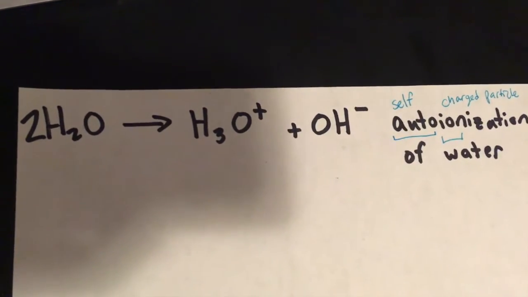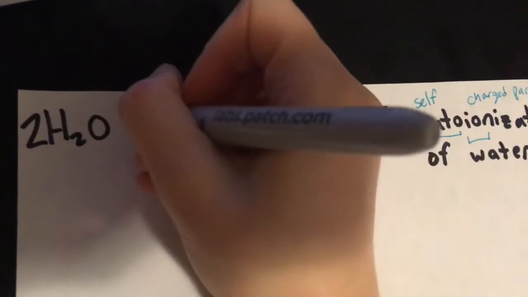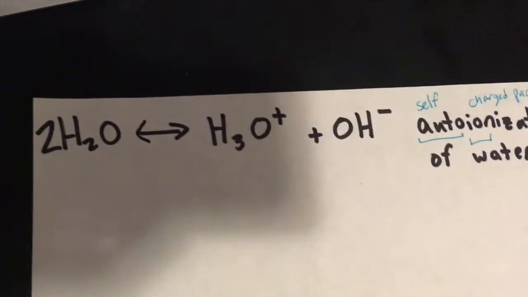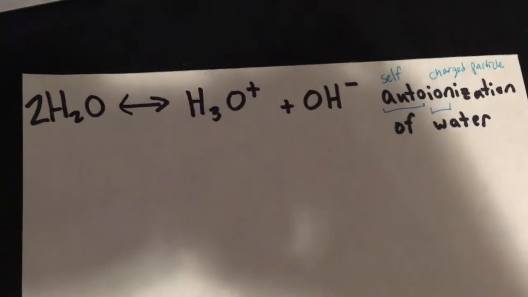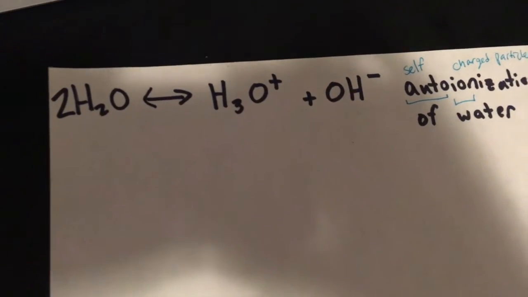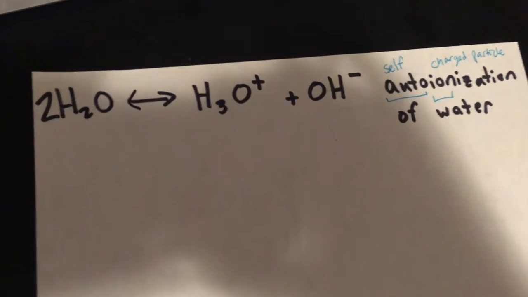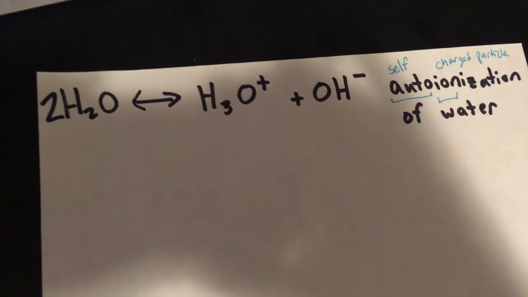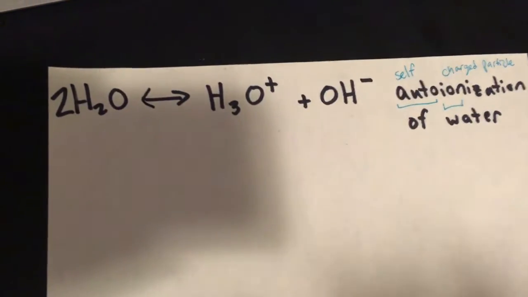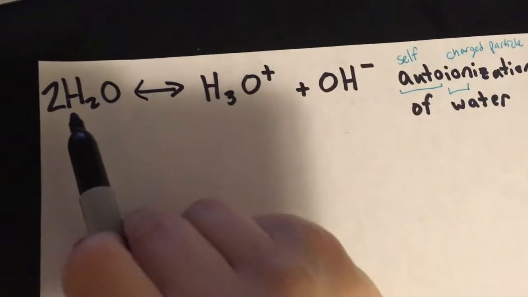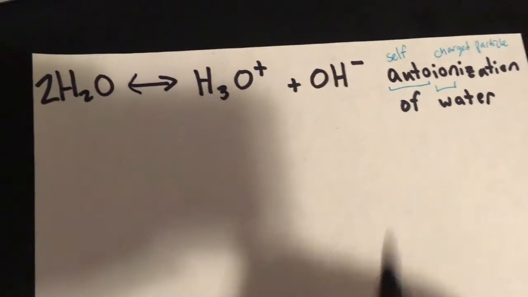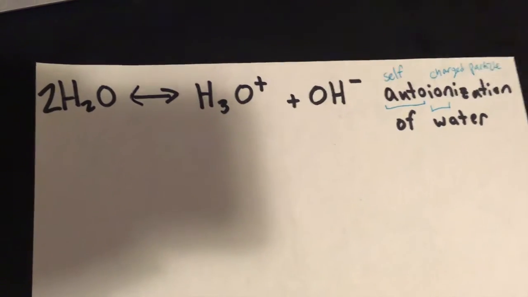This reaction is in equilibrium in every sample of water that you'll ever encounter. And so it turns out that it's actually literally impossible to ever have a sample of pure H2O, because even if you have nothing dissolved in it, even if you remove every single other ion, water will react with itself to make H3O+ and OH-.